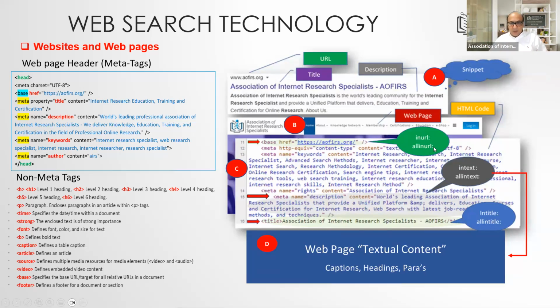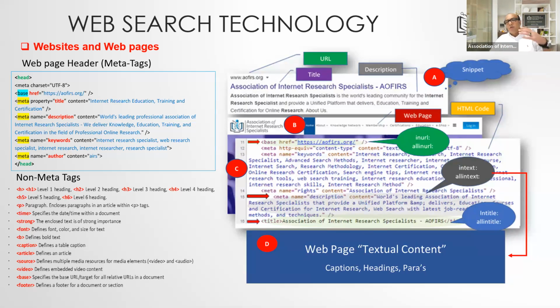And here it is illustrated also. You could see that if you use in URL colon, it is going to look for the URL. By the way, the meta tags are actually held behind the header, not the body of text. So in URL is reading the meta in URL, or the main URL, which is aofirs.org, within the tag called href.